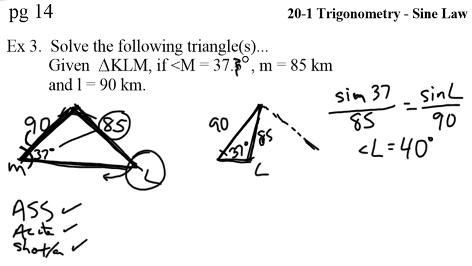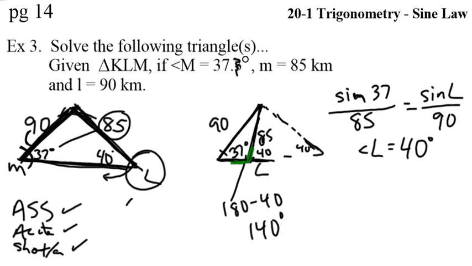But that's 40 degrees for our first triangle. In the second triangle, if it was 40 down here, it would also be 40 there, which means this angle in here would be 180 minus 40, or 140 degrees. So angle L in that triangle would be 40 degrees. Angle L in the second possibility would be 140 degrees.